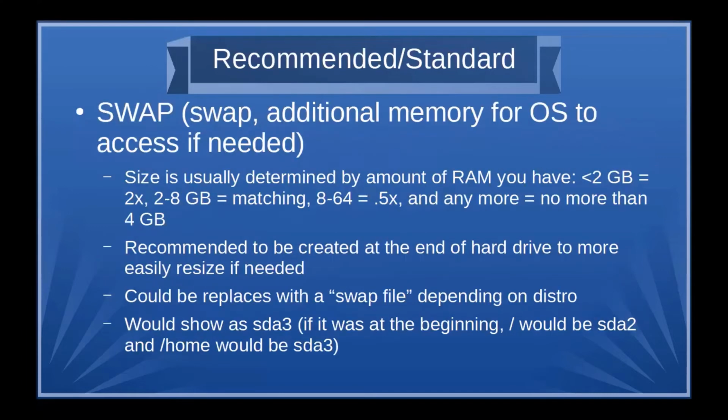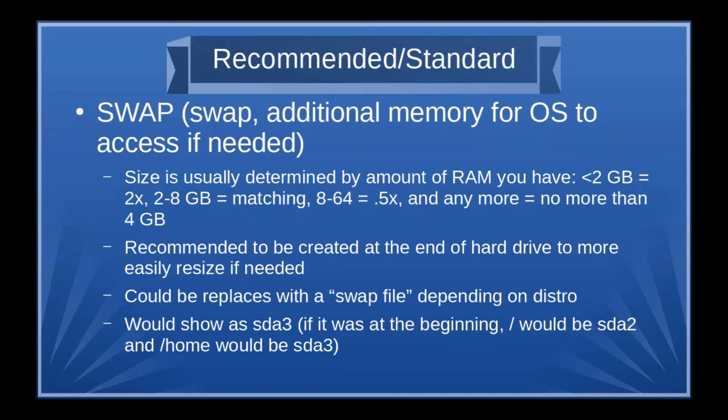Along with those two, you would have some sort of swap. Now, if the modern operating system has the swap file, it's created inside and expands. A lot of distros still use physical swaps, so you would make a swap partition. Usually your swap size is determined by your RAM.